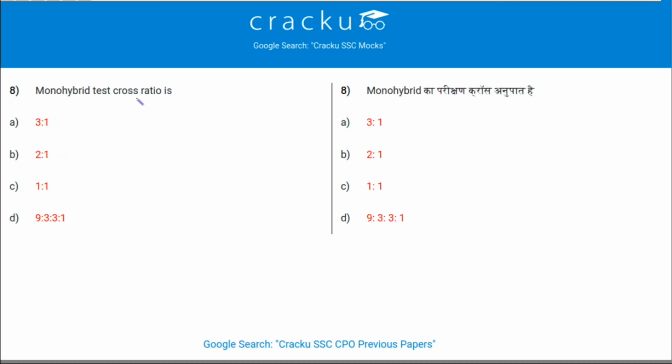Monohybrid test cross ratio is 1:1. The phenotypic dihybrid ratio is 9:3:3:1, whereas the monohybrid genotypic ratio is 3:1. Here option D is the correct answer.